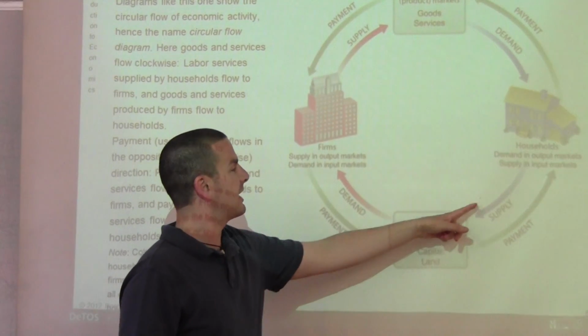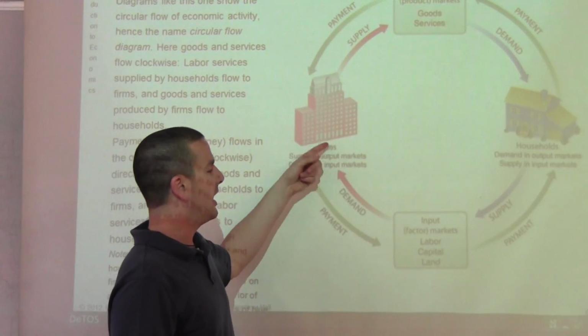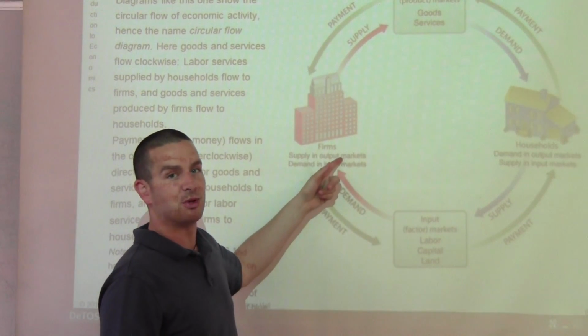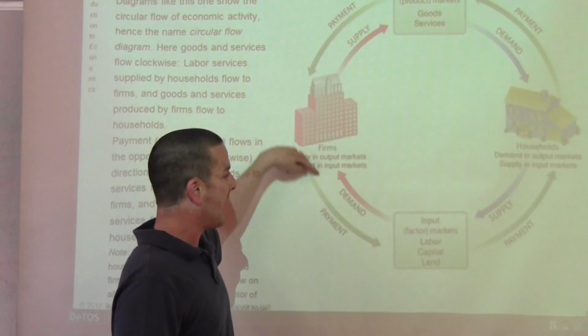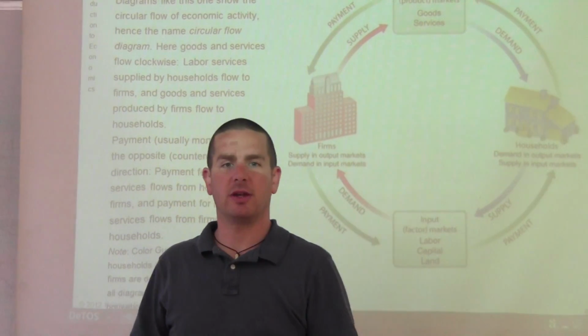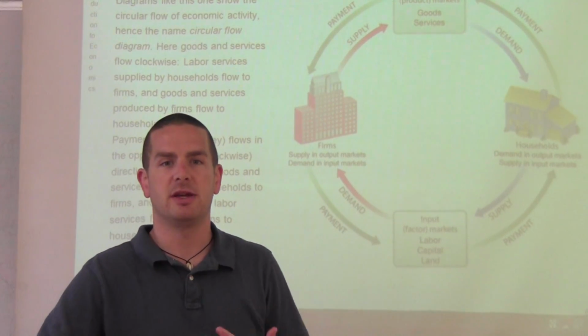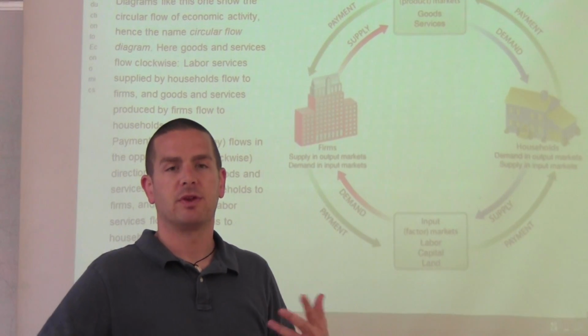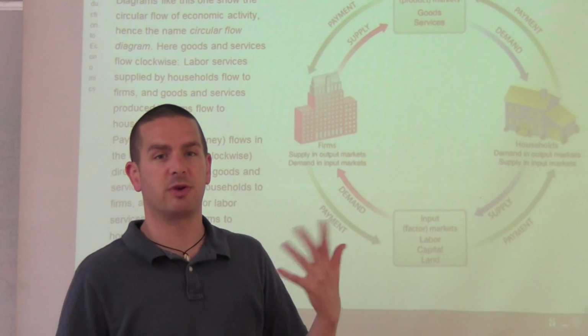So, factors of production go to the firms, and in return for the factors of production, households are paid what you call remuneration. Remuneration is simply compensation for you owning the factors of production, right?